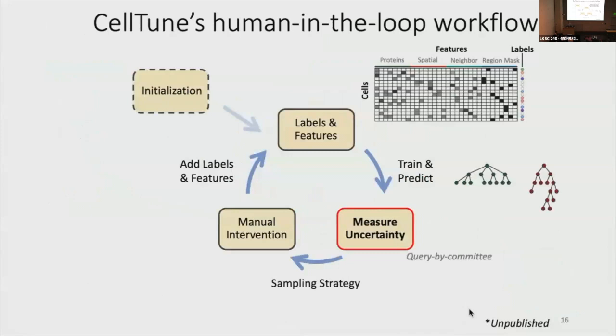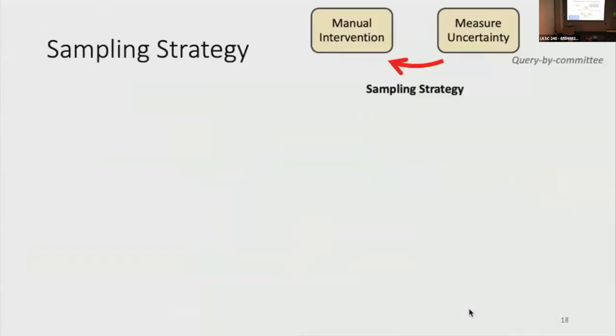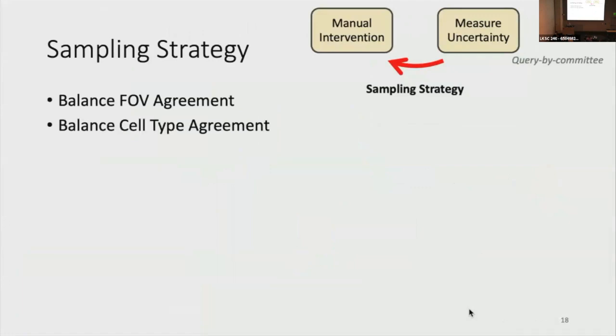But still, that's a lot of cells when you start out. And so how should we sample the specific cells that we're actually going to label? Because we don't want to label thousands of cells. So there's many different ways to do this sampling strategy. And what we do by default is balancing agreement across fields of view. So you get a subset of your cells to do that.